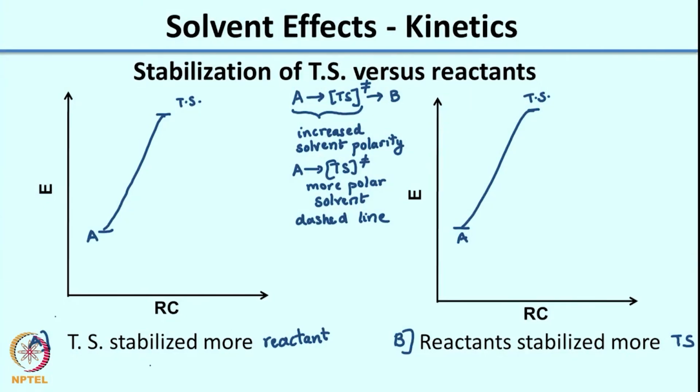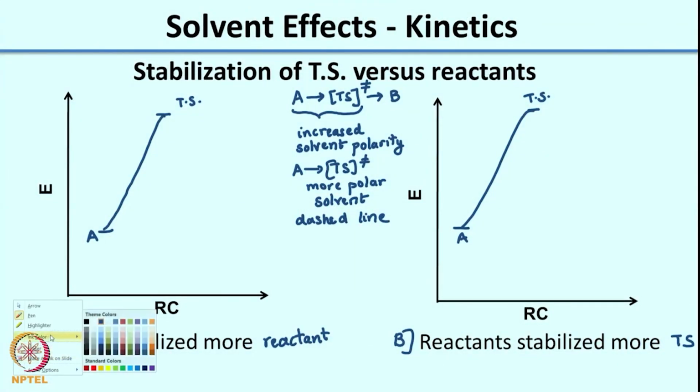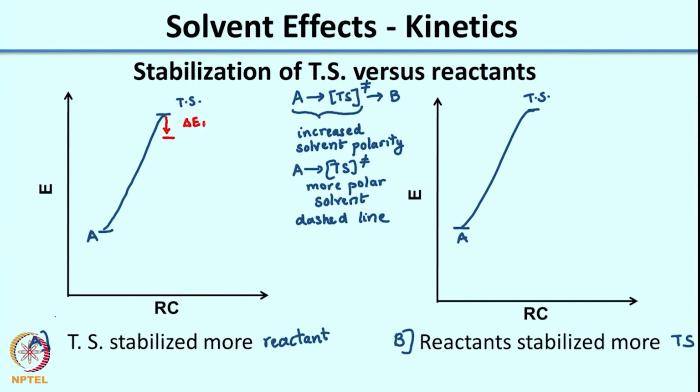So, stabilization means energy is lowered. You can use the dash line, I will use a separate colored ink, you can also do that if you wish. Now the transition state is stabilized more, which means this drop in energy, let us say, is delta E1, and this is stabilized less, delta E2.